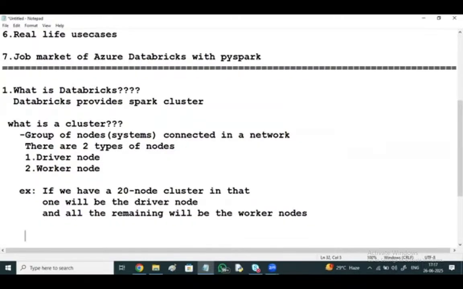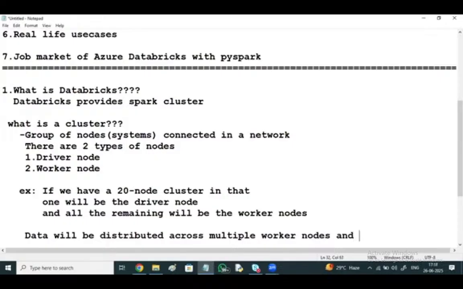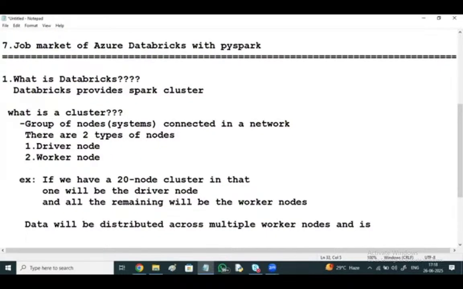So here, if you talk about cluster computing, data will be distributed across multiple worker nodes, and is executed parallelly by multiple worker nodes.